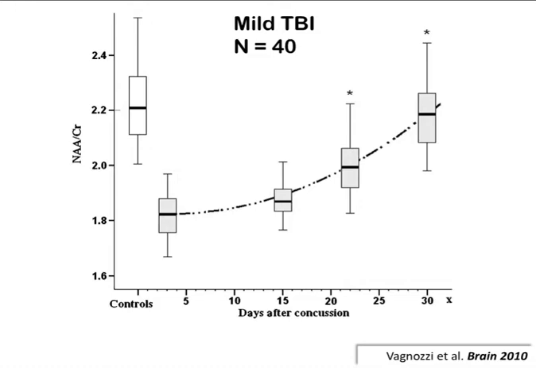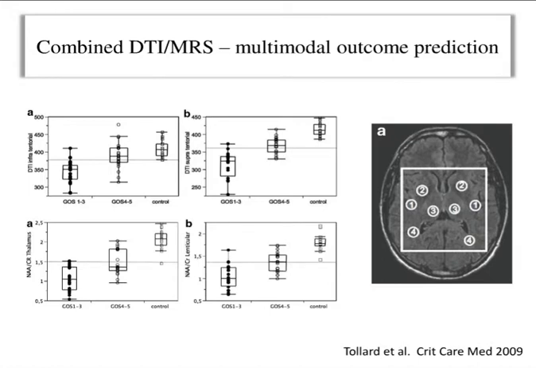It takes actually up to a month and maybe even longer for this metabolic dysfunction induced by a concussion, again, to return to normal. And maybe this is what accounts for some of the long-term sequelae that we observe in many concussion victims.